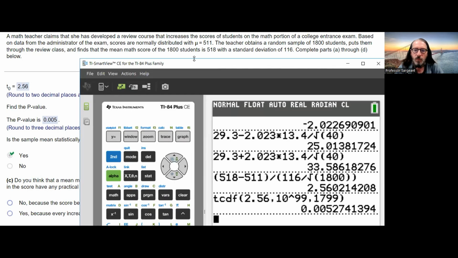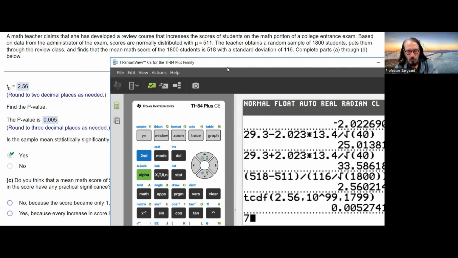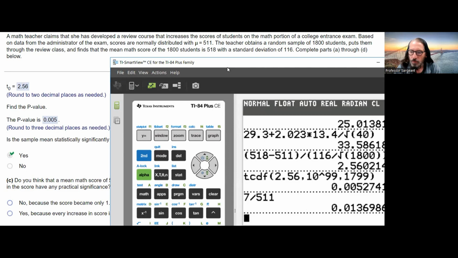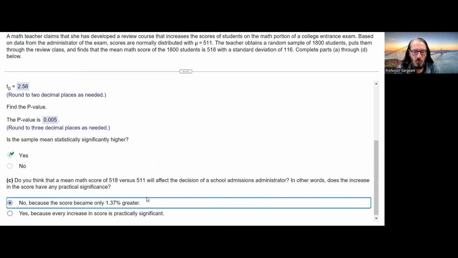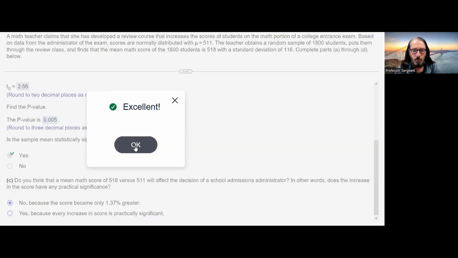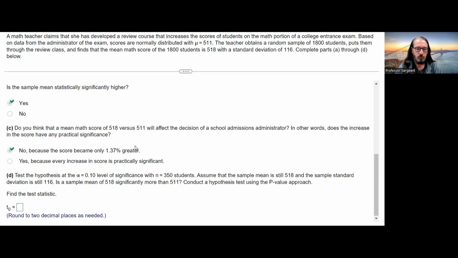A seven-point difference out of, I don't know how many points there were, but I'll compare it against the mean. That is rounding to 0.0137, as a percent. It may be that 7 points more on a test is not making that much difference, practically speaking. And it looks like they agree.